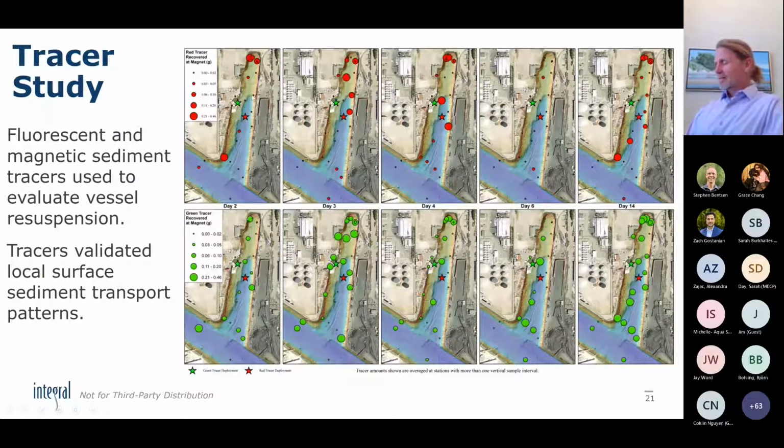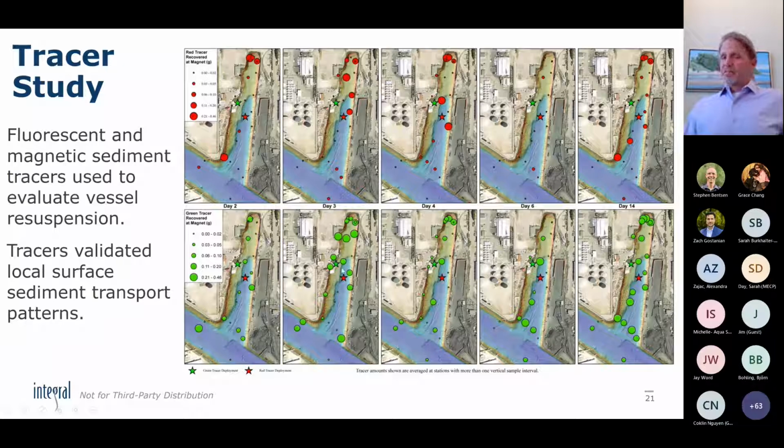So we can put devices down that will capture the particles out of the water column, and by doing core grabs at the sediment bed, we can look at the fluorescence of that and determine how much is there. So the green area was one deployment location, red was another. But even after 3-4 days, we can see that the particles are distributed widely all over within the channel.